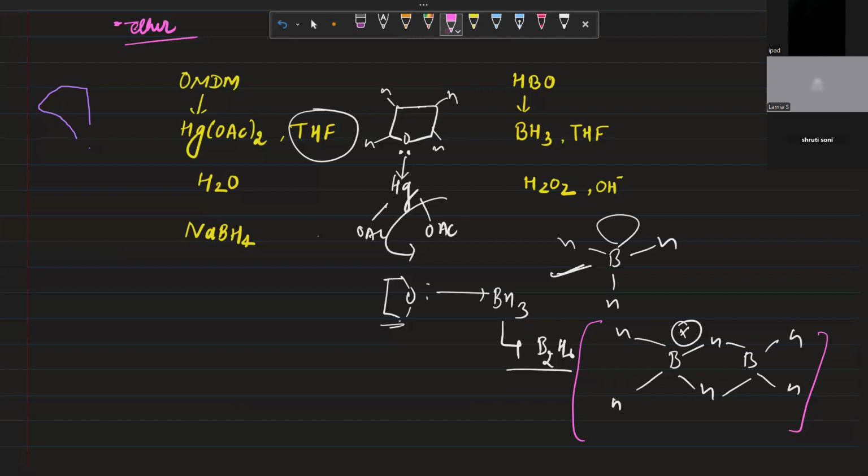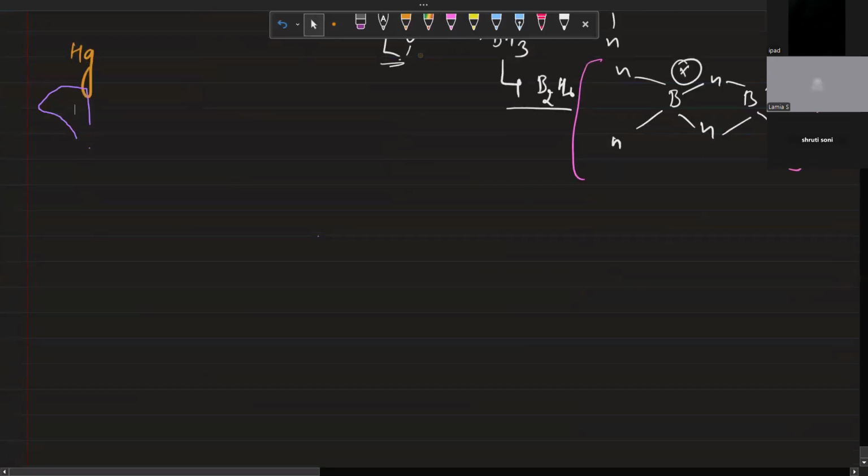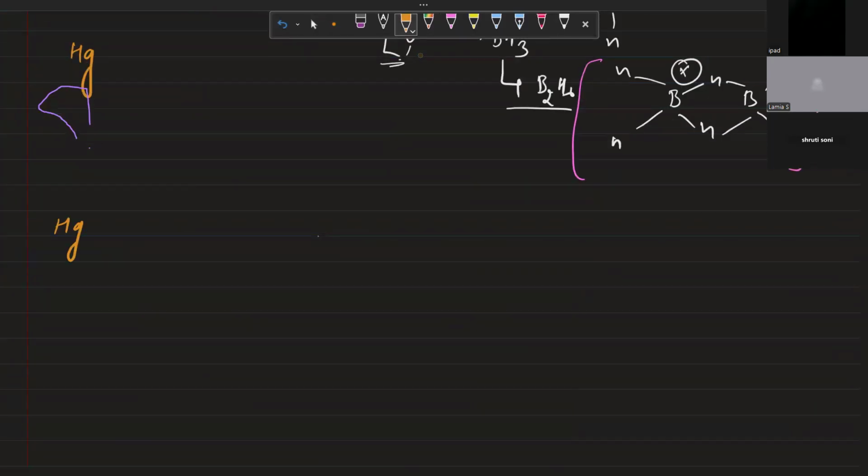Okay, I see. And then when you have the mercury diacetate, how does the reaction proceed? In the case of mercury diacetate, this compound doesn't form a polymer. Let's suppose this is the reaction, here is Hg(OAc)2.